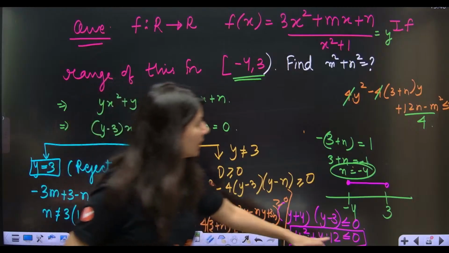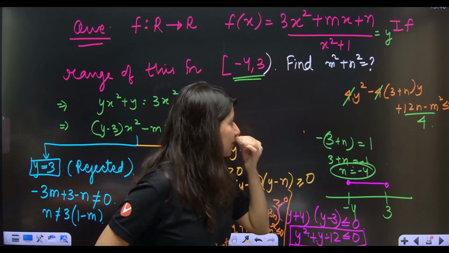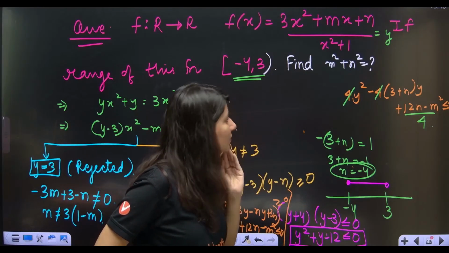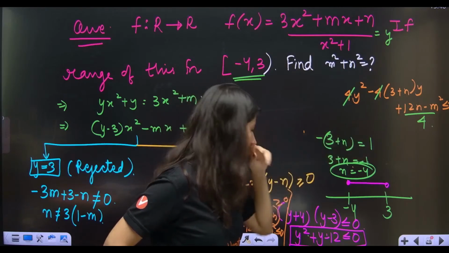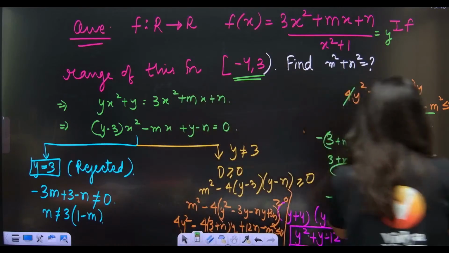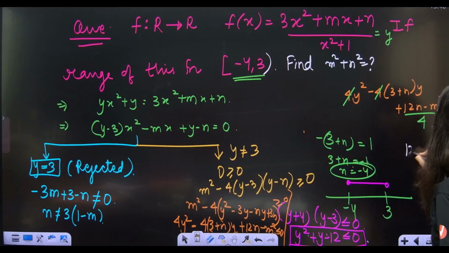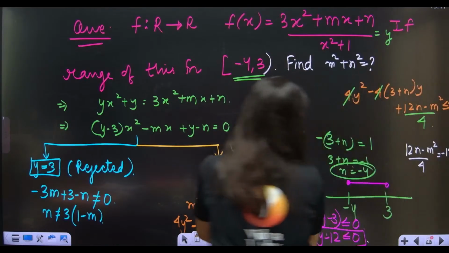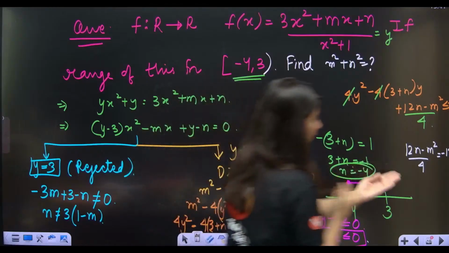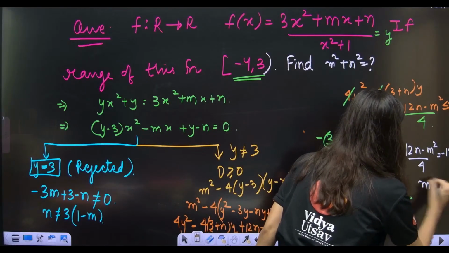And if n is minus 4, so plus 12. Can you see that? Compare. 12n minus m square by 4 equals minus 12. Okay, so clearly from here, m should be equal to 0.